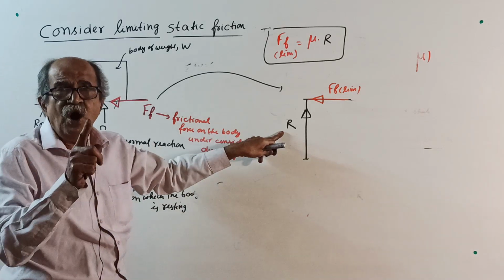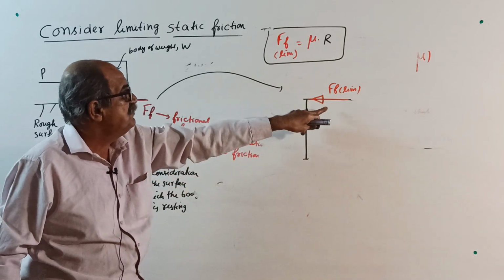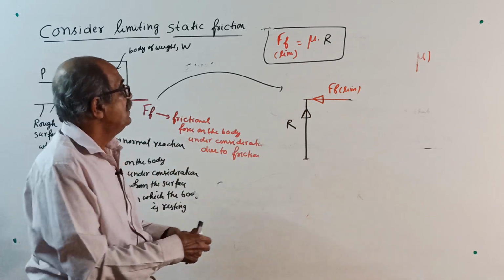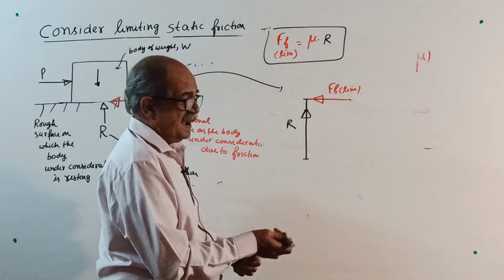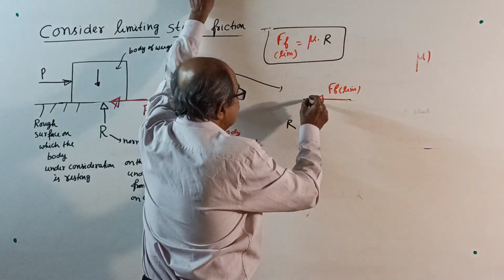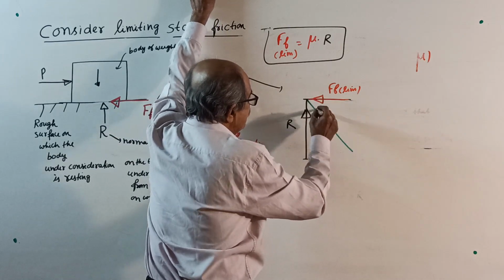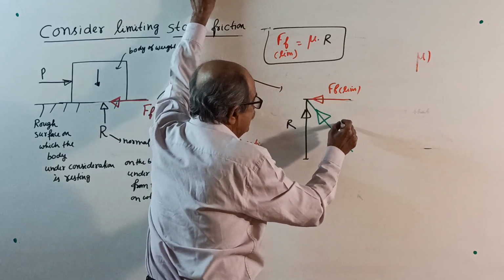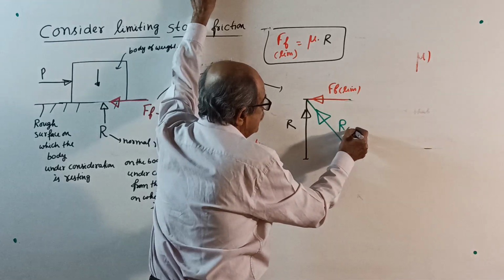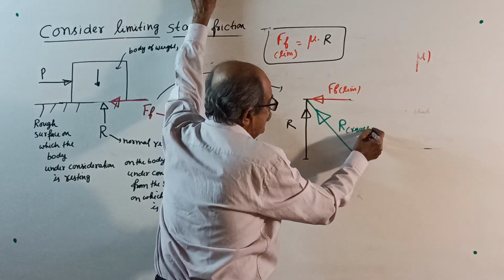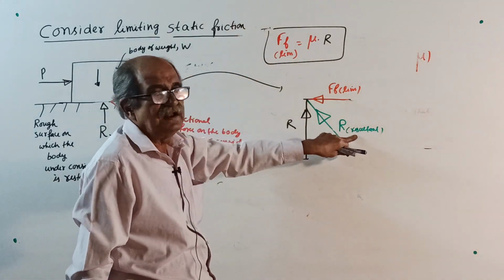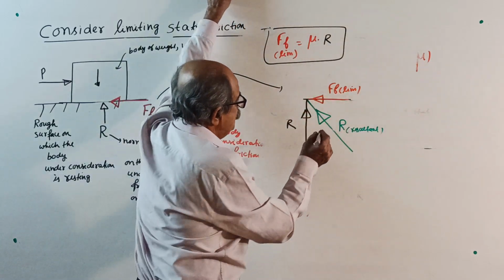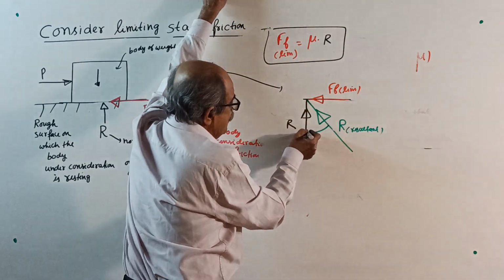R is the normal reaction. Ff is a frictional reaction. Because of these two, there will be a resultant reaction. This is the resultant reaction R resultant. Now, this angle I will call phi.